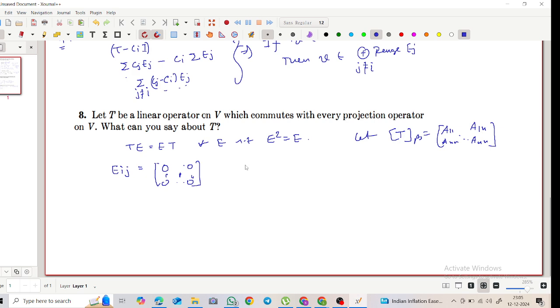So E11 squared is E11, right? So we have TE11 is E11T, right? So this will imply A1i is equal to Ai1 for all i. Once you do this multiplication, call this A. AE11 is E11A. This will imply this, okay?